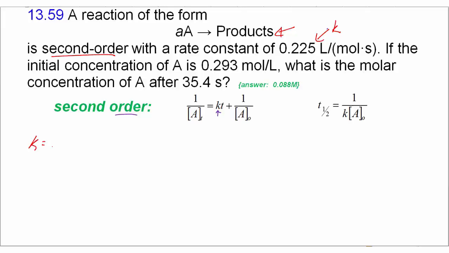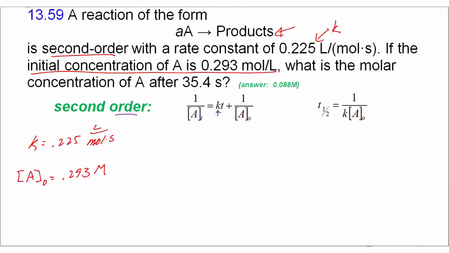K is 0.225 liters per mole second. The initial concentration of A is 0.293 big M. And initial, remember, was [A] at time 0.